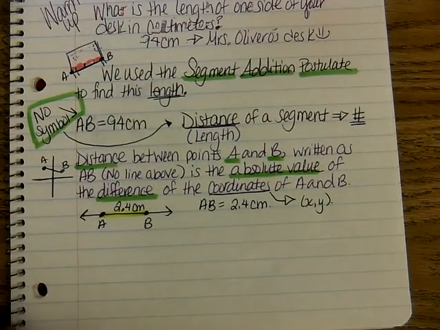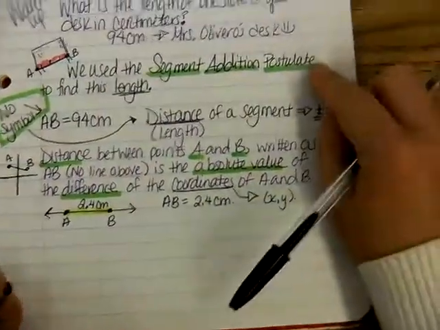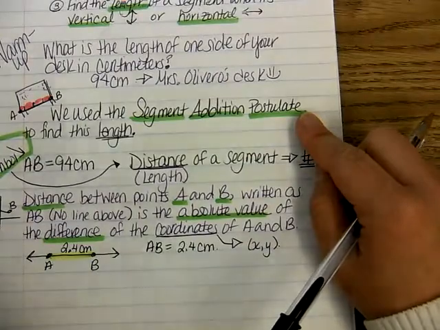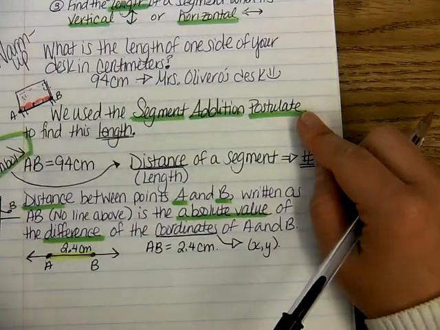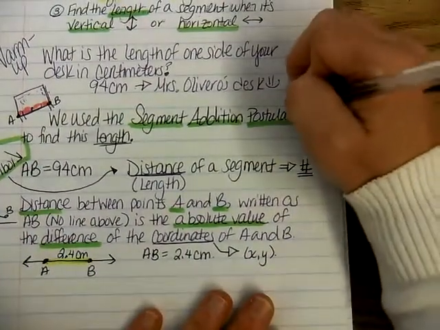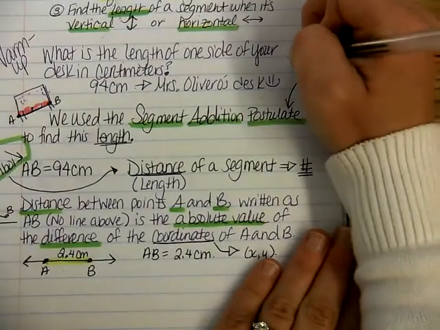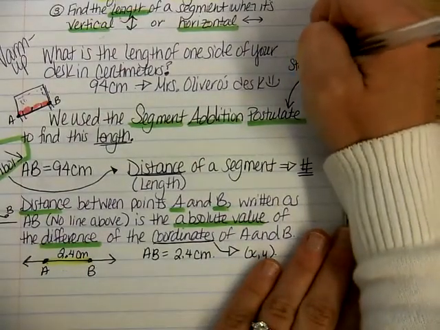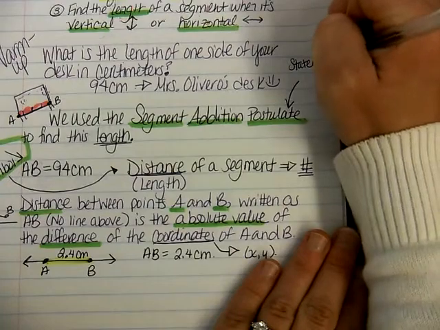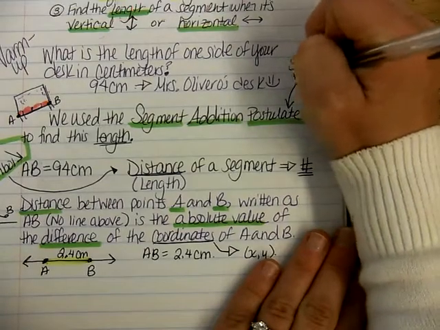All right, so the segment addition postulate, writing it out as an actual postulate. Postulate simply means a statement that is always true. So let me define that really quick. A postulate means a statement that is always true.